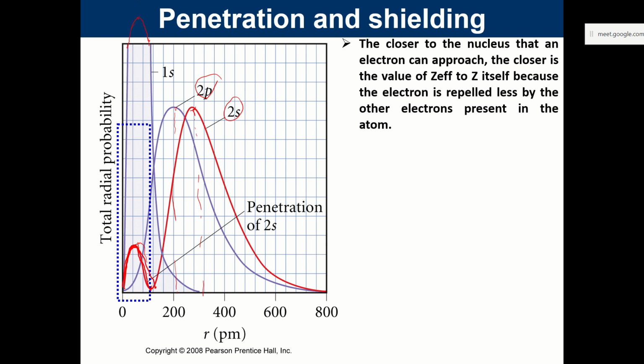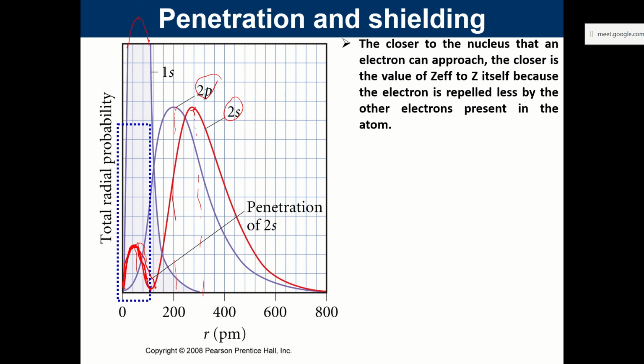अगर 2s ऑर्बिटल न्यूक्लियस से काफी पास पहुंच रहा है, as shown by this probability diagram, finite probability of being found very close to the nucleus, that means it will also feel a greater attraction from the nucleus. 2p is not able to approach the nucleus that closely, so it will feel less attraction. तो क्या होगा? So we say that 2s has more penetration of the inner core electrons.